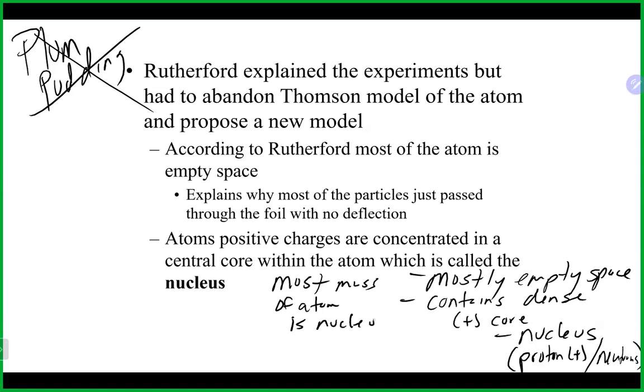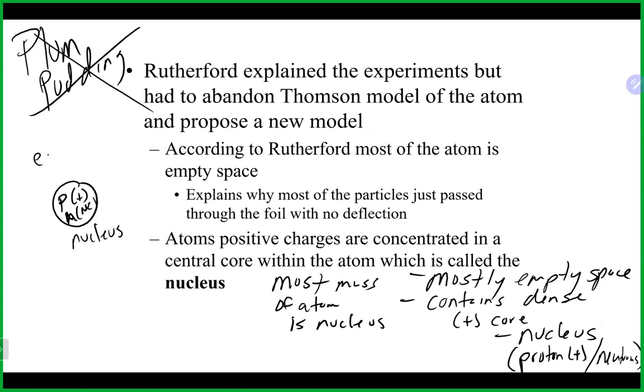So the nucleus, not the electrons, actually makes up most of the mass of the atom. So essentially what we have going on is this really dense positive core, this nucleus, that has protons that are positively charged, and neutrons which have no charge, in the nucleus.